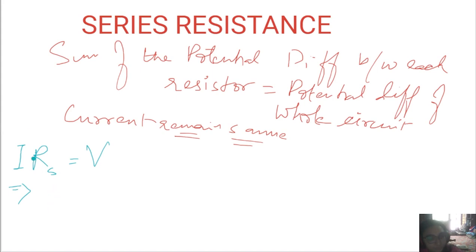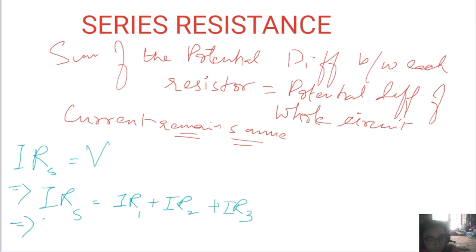So we know that V is the sum of the potential difference of all the individual resistances, right? So we can write it as IR1 plus IR2 plus IR3. Okay.